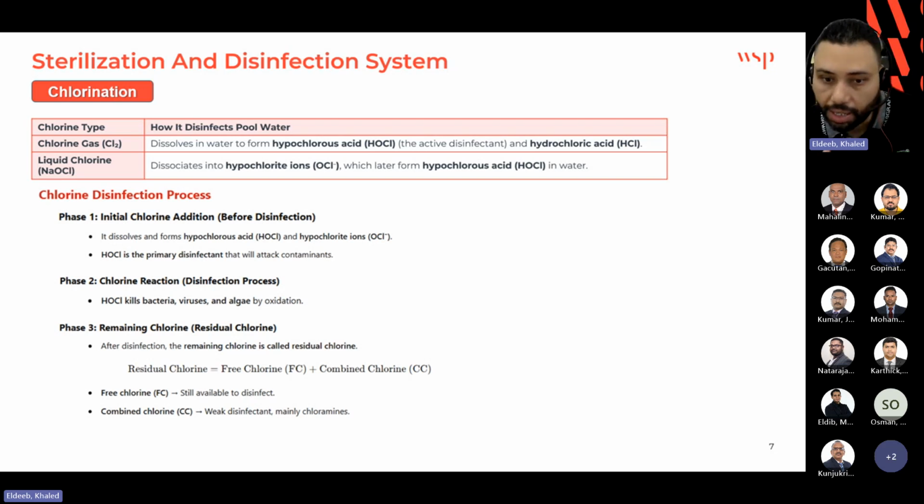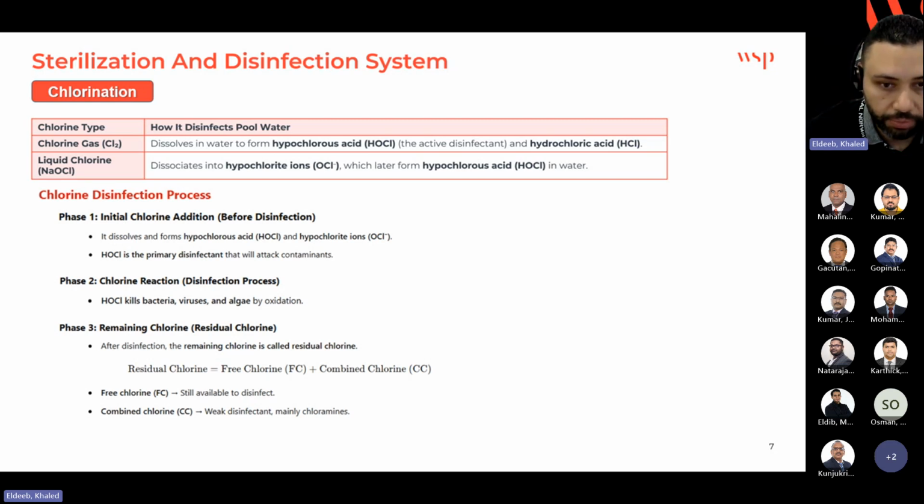And this is the one causing the unpleasant odor, the chlorine smell that we usually smell when we go to the swimming pool. So when you go to any public pool and you smell this chlorine, it means there is too much urine in the water. And the residual chlorine, or total chlorine, is the combination because it includes free chlorine and combined chlorine. I hope you are not confused with me.